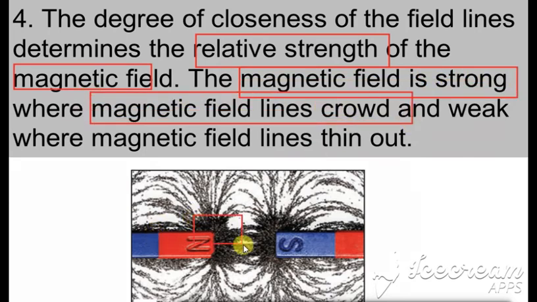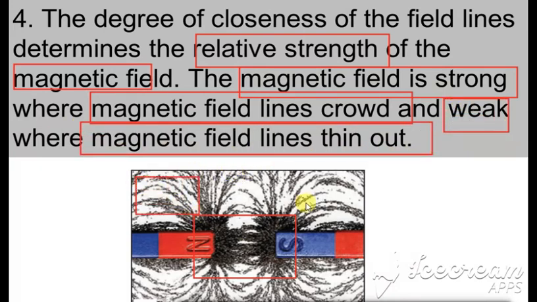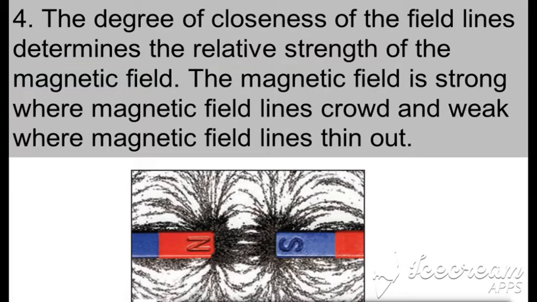So see here, here the magnetic lines are fully crowded, and so here the magnetic field will be strong, and it is weak where it is thinned out. So here it is all weak. Why? Because it is all thinned out. Okay, so this is the fourth property. So the degree of closeness of the magnetic field lines determines the relative strength.